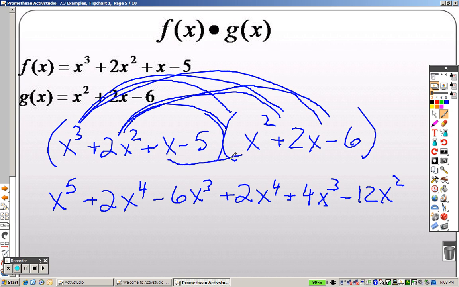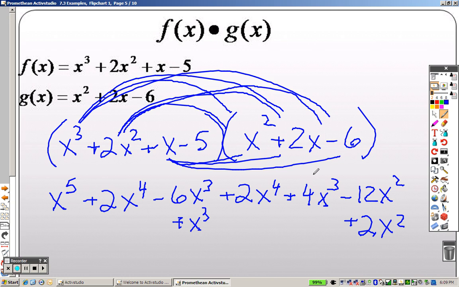X times x squared is a positive x cubed. X times 2x is positive 2x squared. X times negative 6, it's a negative 6x. Negative 5 times x squared is negative 5x squared.